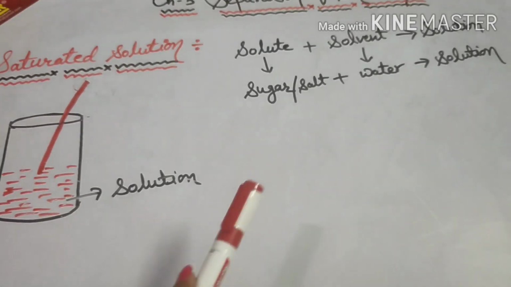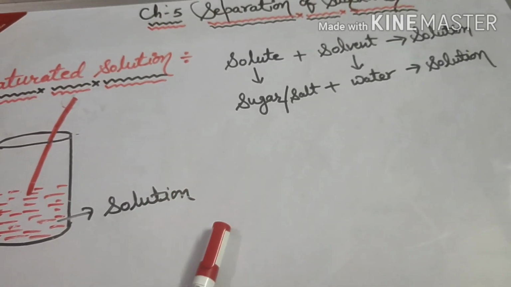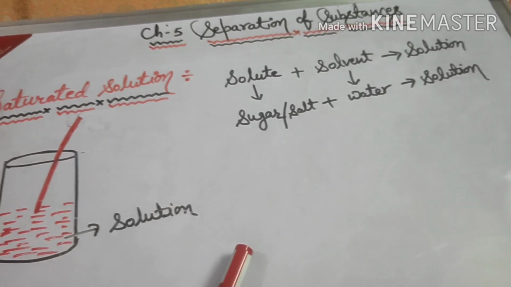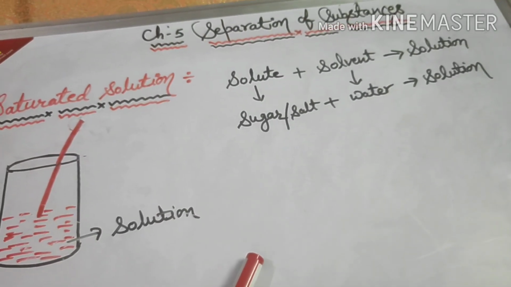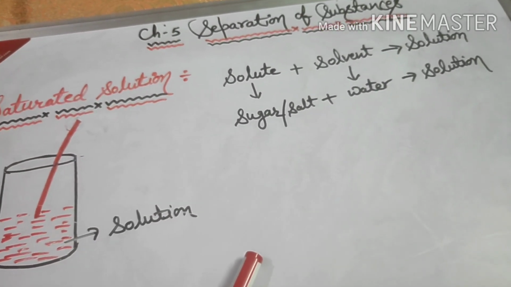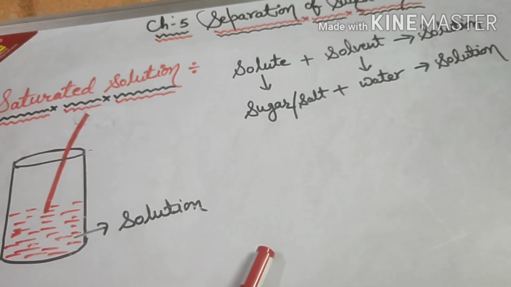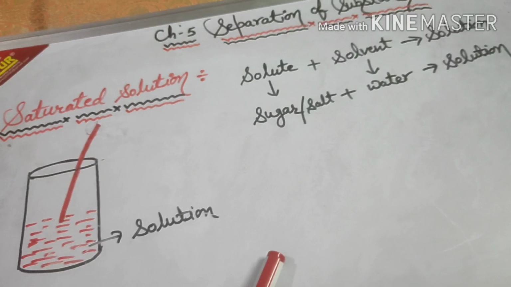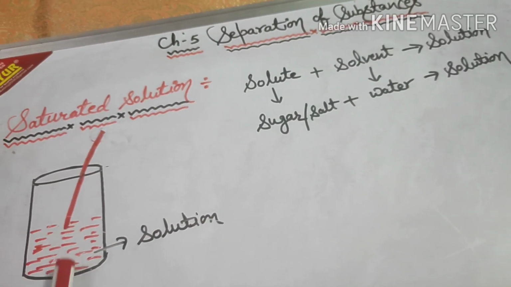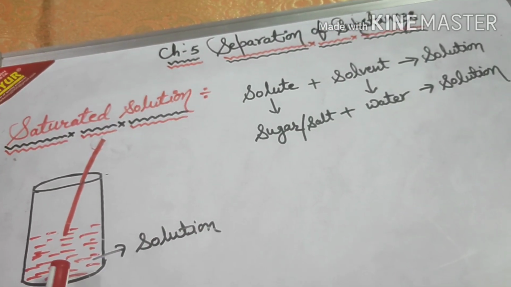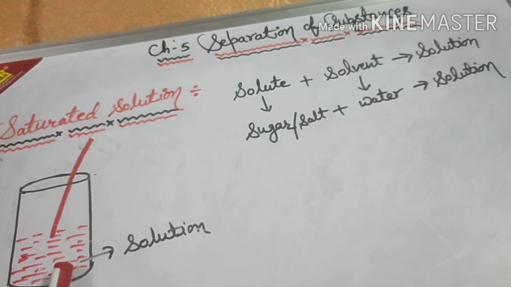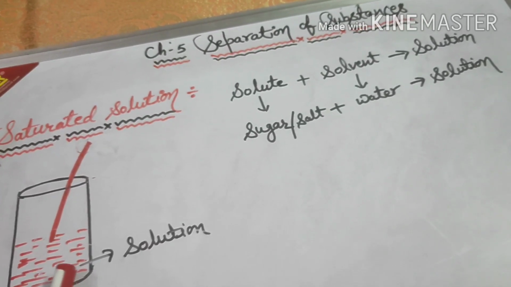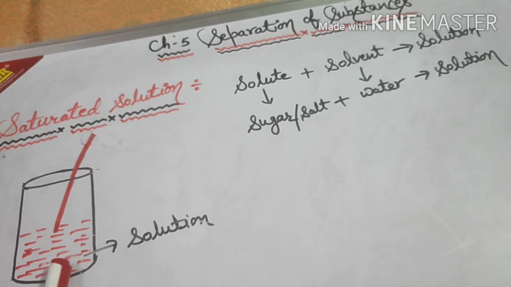Now the question is, when we talk about mixing solute into a solvent, can I add 10 spoons of salt in a glass of water? How much salt can water dissolve? So let's say you have one glass of water and you add 2 teaspoons of salt, and when you stir it, it completely dissolves.